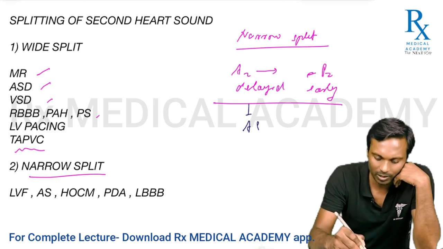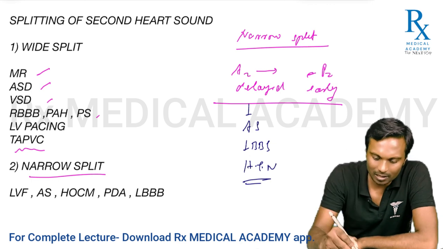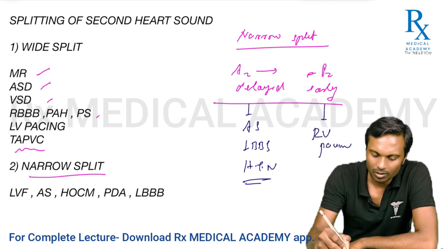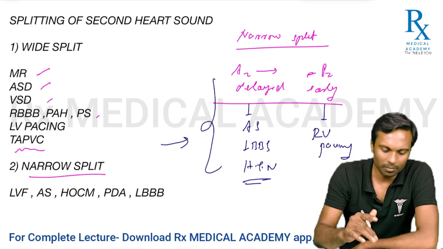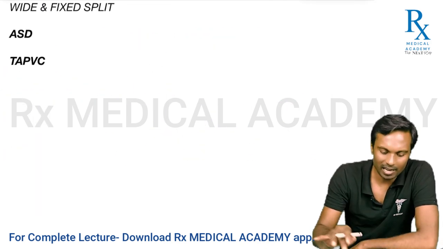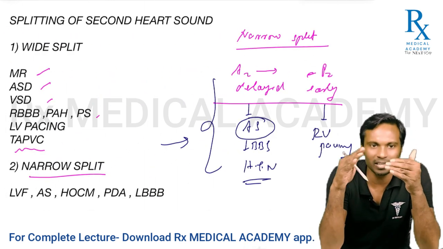Too simple to understand. And P2 can come early in case of right ventricular pacing. Okay, so these can cause narrow split. See, what about paradoxical split? Paradoxical split can happen if aortic stenosis becomes severe and severe.